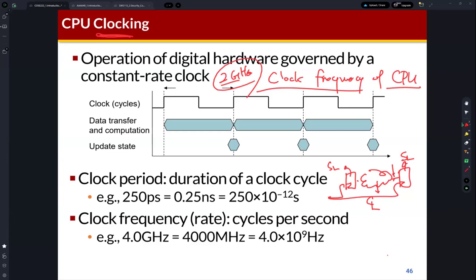If the clock frequency is higher than the old one, then I may purchase that smartphone. Okay. So we frequently compare the clock frequency. That is also called the clock rate.